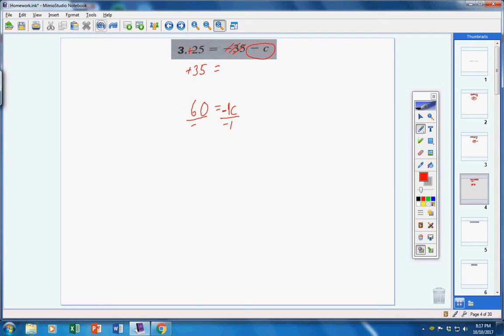Now, there's a faster way to look at this. If I have negative C here, I can change this sign over here as long as I change this sign over here. And of course, positive C is the same thing as C. Either way, you get the same answer.